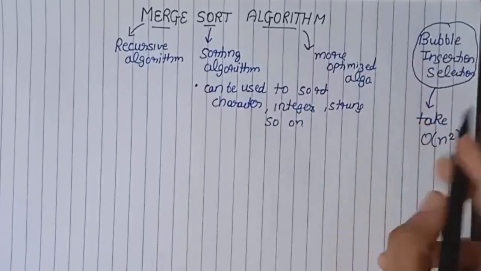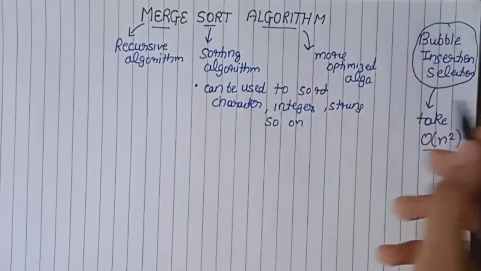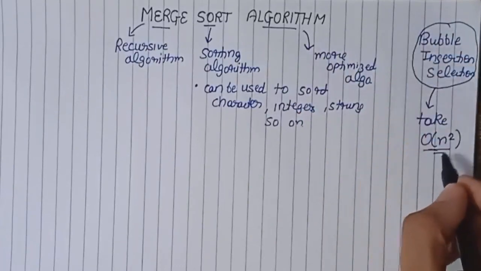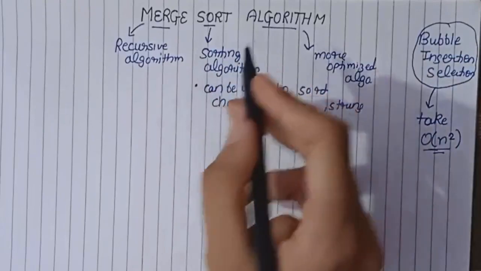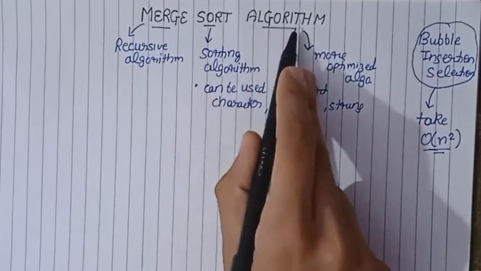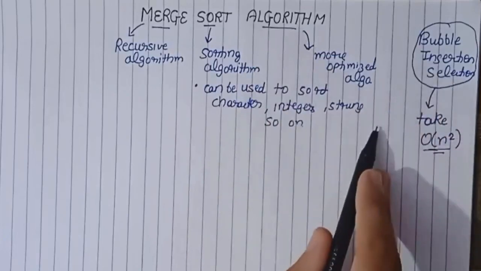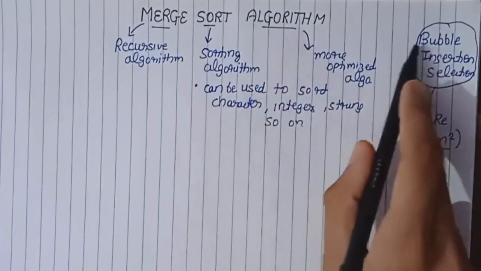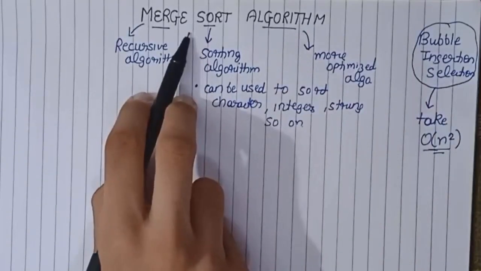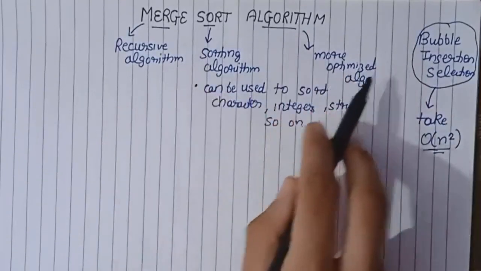As you can see, the time complexity of these three algorithms is big O of n square. But in this session, we will see that the time complexity of merge sort algorithm is much less than the time complexity of these three algorithms. Therefore, merge sort algorithm is a more optimized algo.